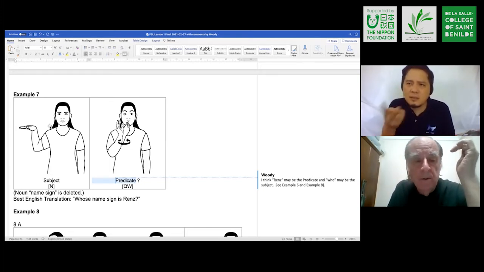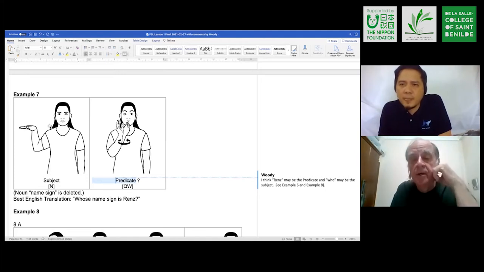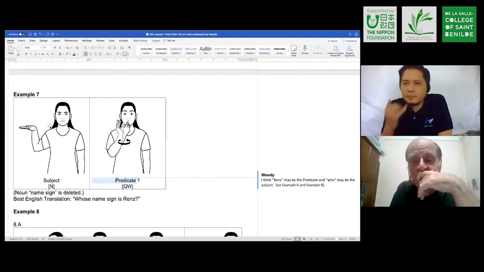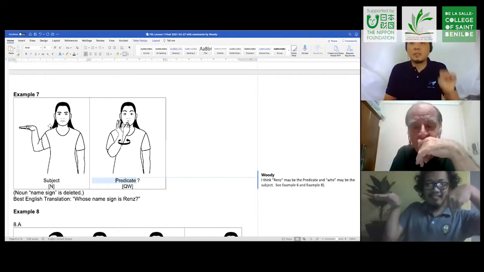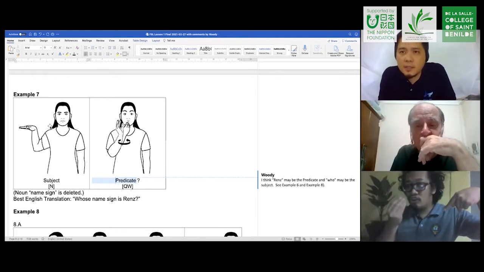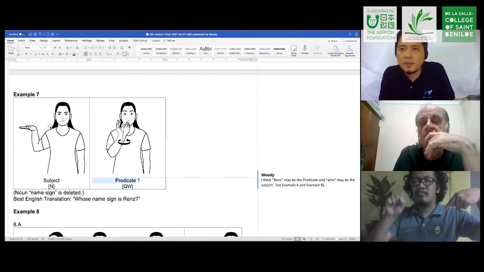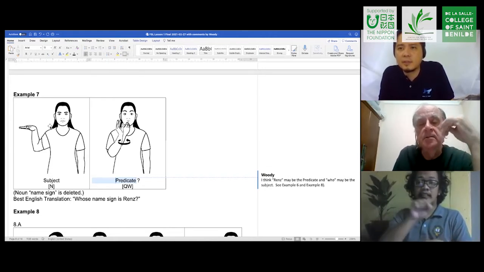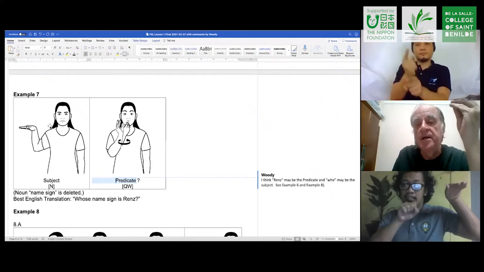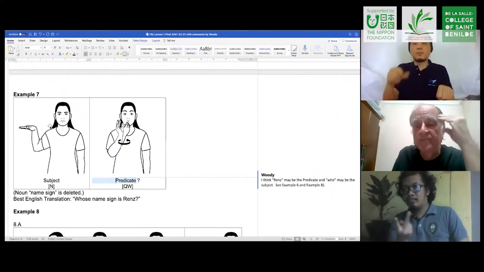You mean flip around subject and predicate, or flip the order? So Nat is saying, rents is the predicate. Okay. So we have to flip that around. Yes, we can do it that way because WH question words go at the end of the sentence.